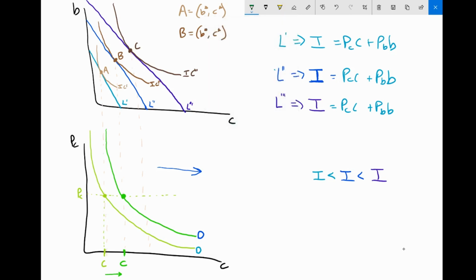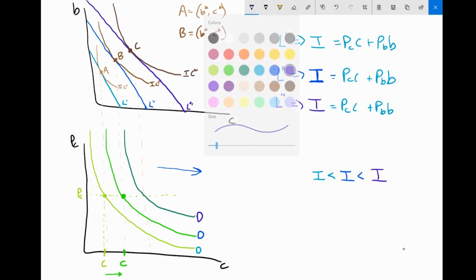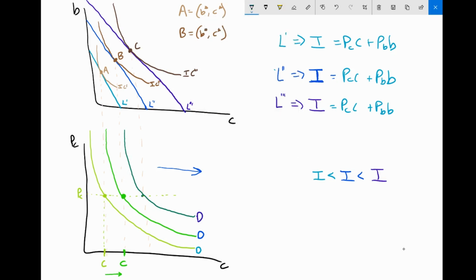And we can look at the same thing now for C. When income goes from the dark blue up to the purple, the demand curve remains the same shape, and it just shifts outwards. And we will now demand this quantity.